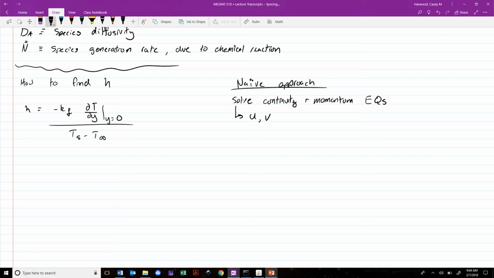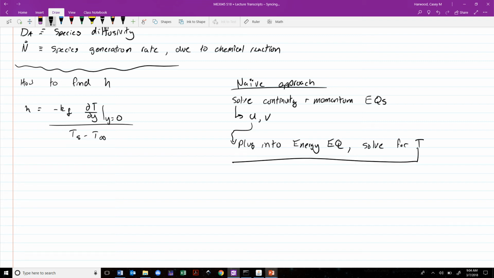Take those U and V, right, and plug into the energy equation, right, and solve for the temperature. Okay, take that temperature, plug into, if we call this guy here star, into star, and find H.